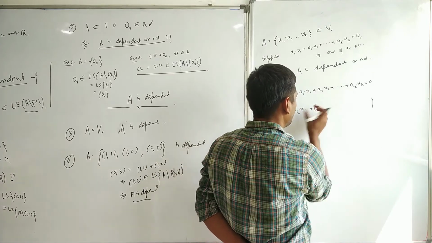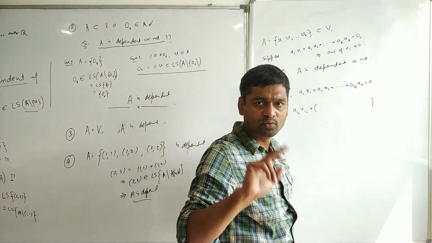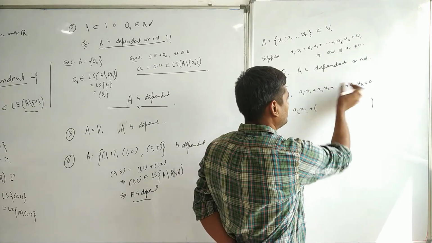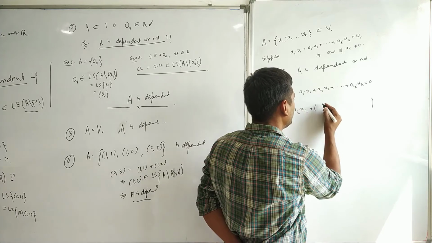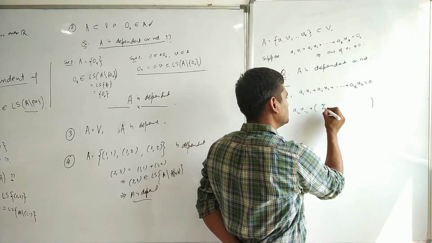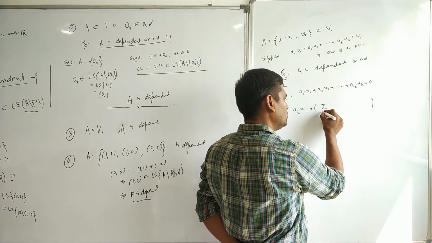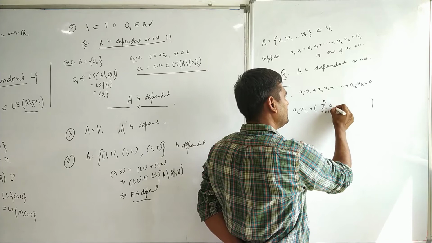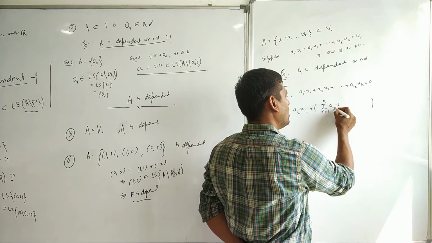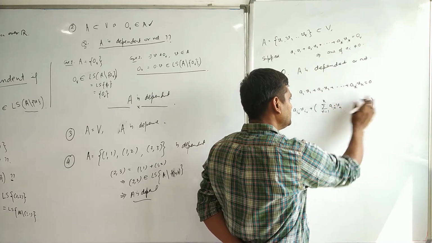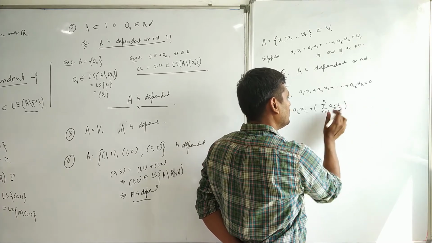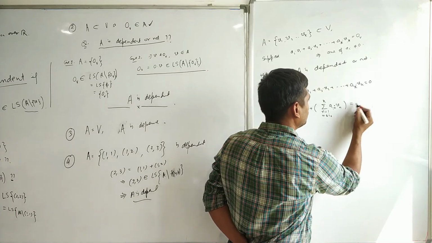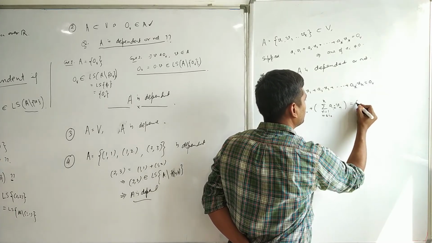In separate means, see, I am here using axiom 1 and axiom 2, that the vector space addition is commutative and associative. So I can just shuffle all these things here and there. And then what are we having? Here we are having the sum over n equal to 1 to k of an vn, everything but an vn where n is not equal to i naught. And then that is equal to, here when one writes 0, this means that you are having 0v.